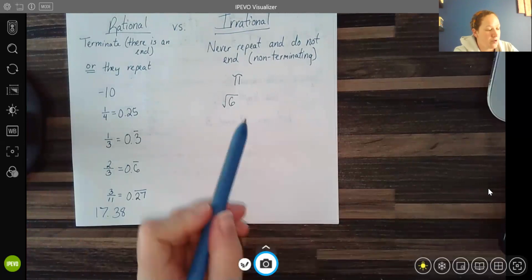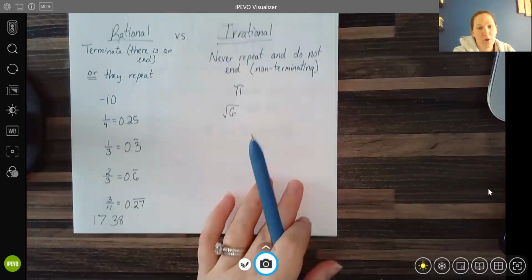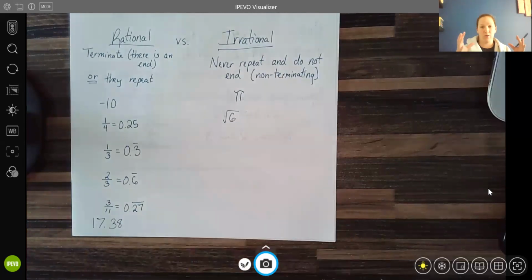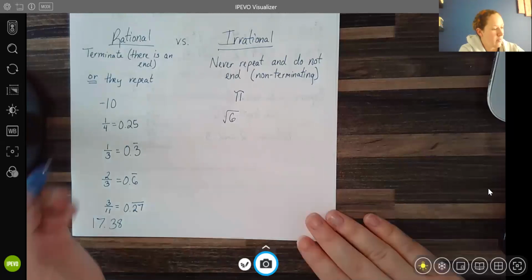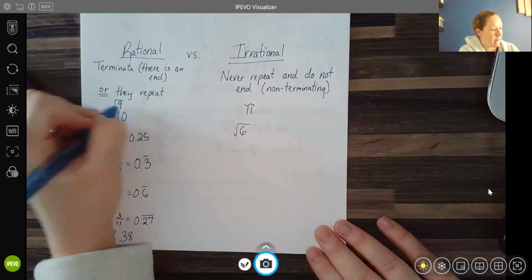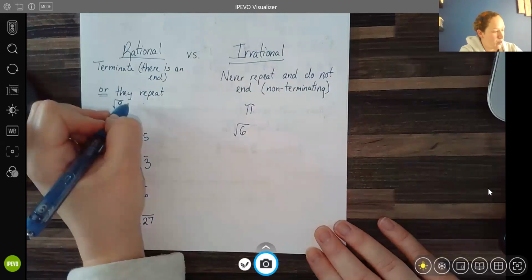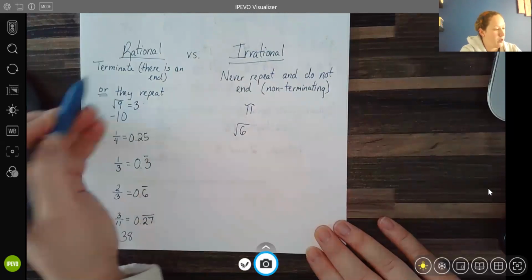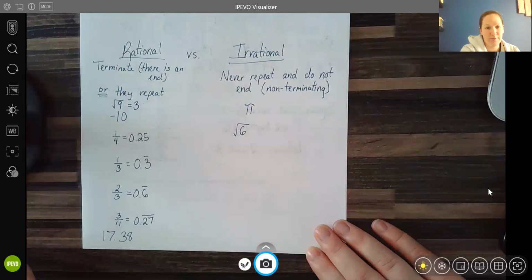Irrational is going to be a lot of those square roots where they don't fall on with a side length that is a whole number. Okay, we're thinking square root of 6, square root of 7, square root of 8. Square root of 9 would fall under rational because it's equivalent to the number 3, which is a number that has an end.